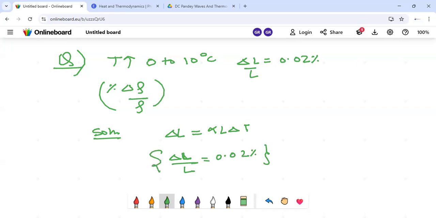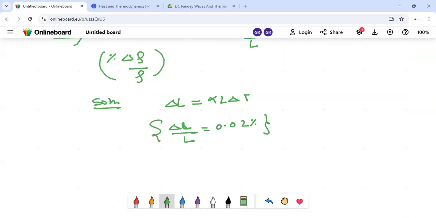This information is given. So that means this value is alpha delta T. Is that clear? Now, if we know alpha delta T, can we also calculate 2 alpha delta T? 2 alpha delta T will become 0.04% just by multiplying 2 on both sides, right?